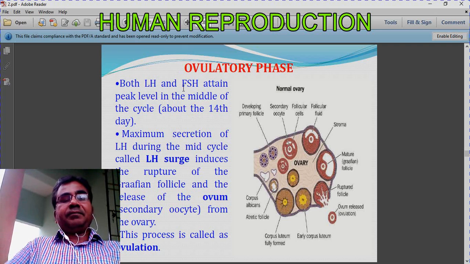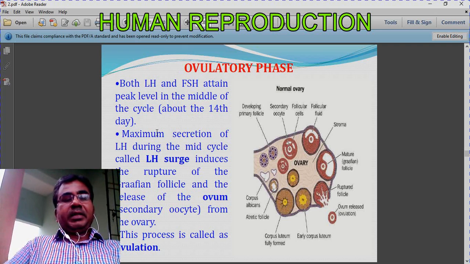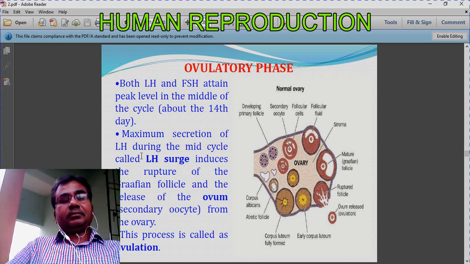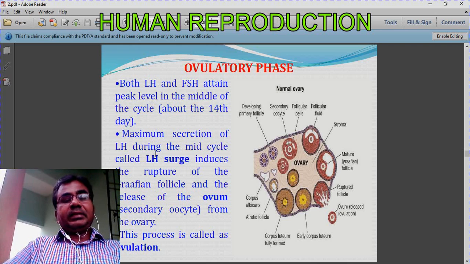But the LH surge, in the sense of maximum secretion of LH, the high level of luteinizing hormone, induces the rupture of the Graafian follicle.